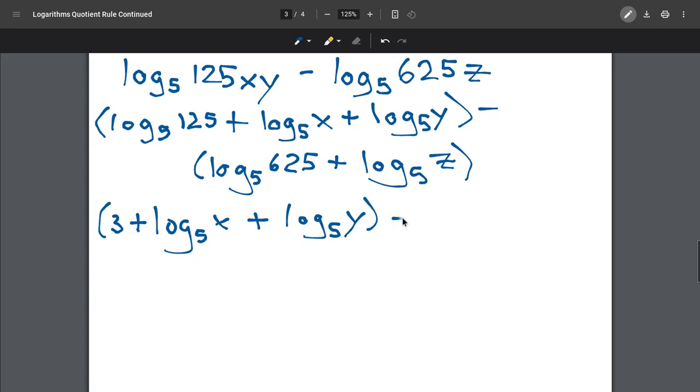Okay, and then we're going to subtract log base 5 of 625. Well, to get 625, we have to multiply 5 times 5 times 5 times 5. That's going to equal 625. So that's 1, 2, 3, 4 5s. So we're going to subtract 4 here. Plus log base 5 of z.